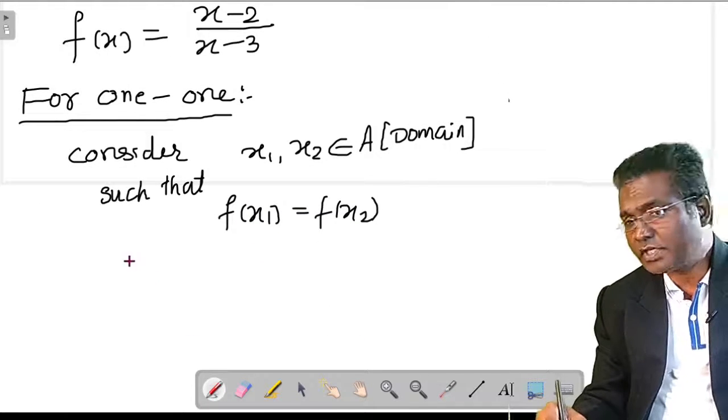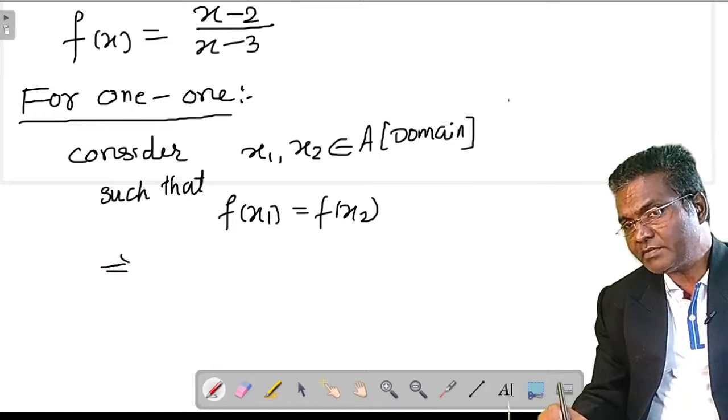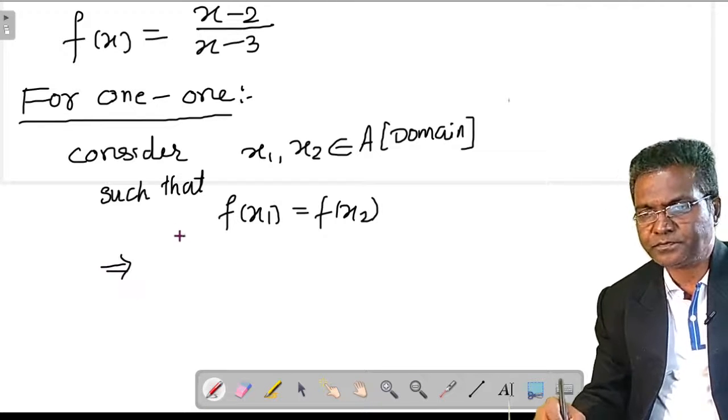Now you have to show that the corresponding elements are equal. That means x1 is equal to x2, you have to prove.